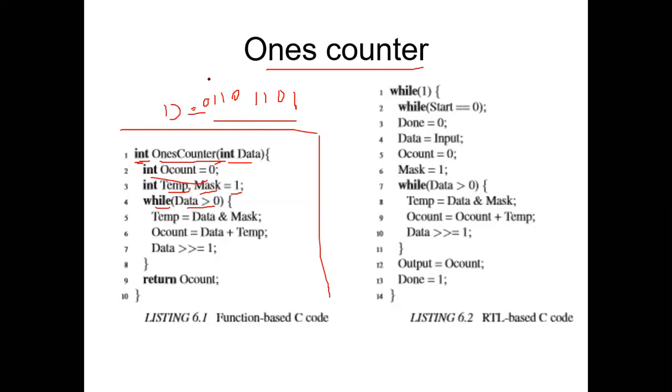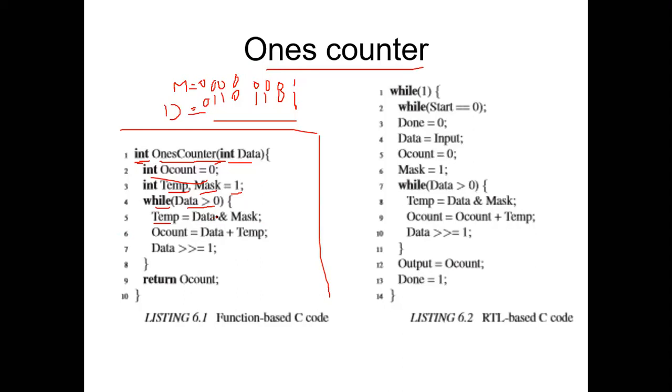We have already declared a mask variable that is initialized as 1, that is 0 0 0 0 0 0 0 1. This is mask. Right now, the first step is temp equal to data and mask.